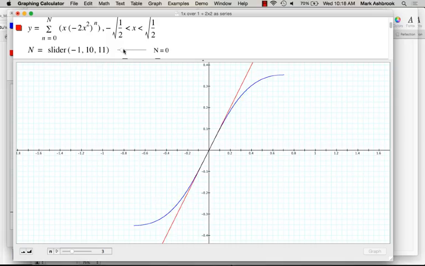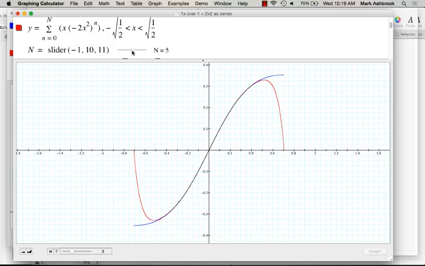Next partial sum would be the first two terms added together. There we go. So the red would be the graph of the first two terms added together, or the second partial sum. Here's the third partial sum. Fourth, fifth.